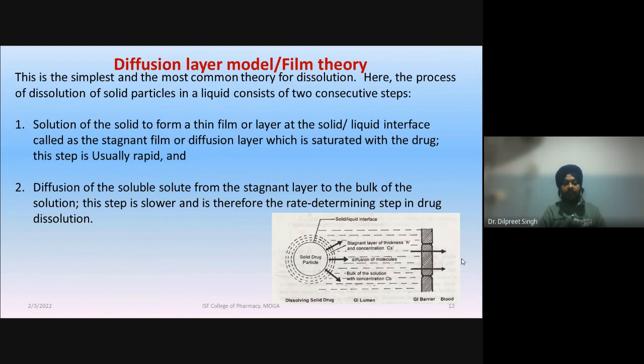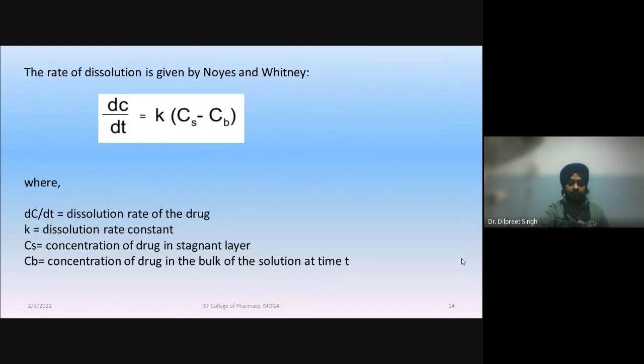The thinner the stagnant layer, the steeper the gradient and the faster the dissolution rate. So the formation of the stagnant layer and the solid-liquid interface during dissolution is one of the key factors when incorporating dissolution into a solid dosage form.